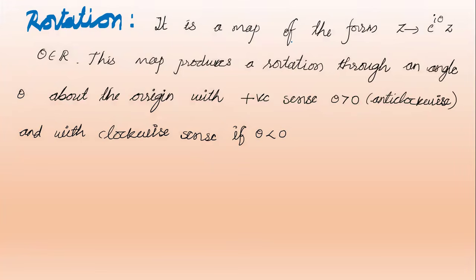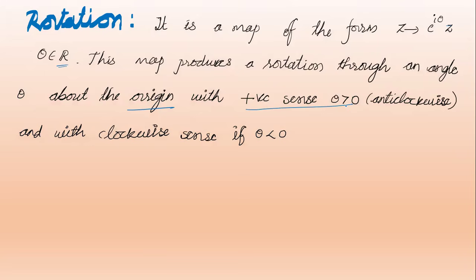See, rotation means it is a map of the form z tends to e raised to I theta into z, theta belongs to R. This map produces a rotation through an angle theta about the origin with a positive sense.